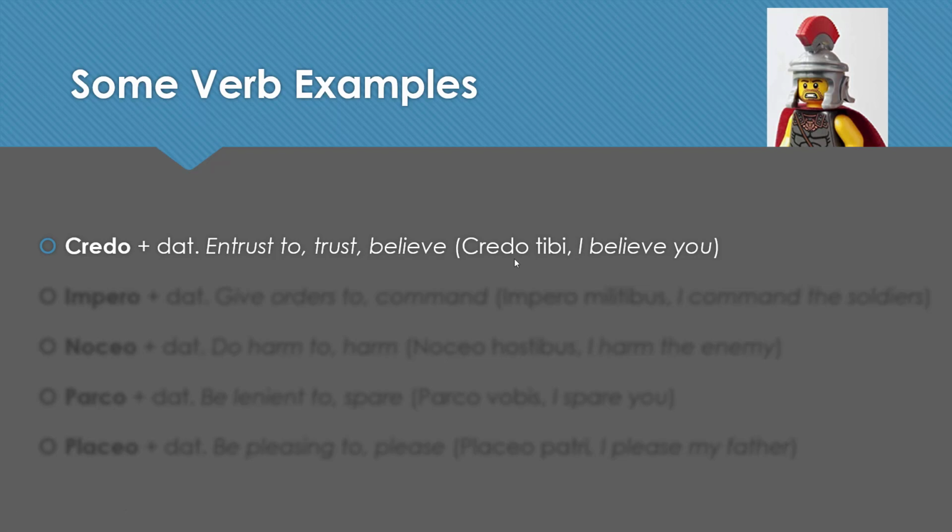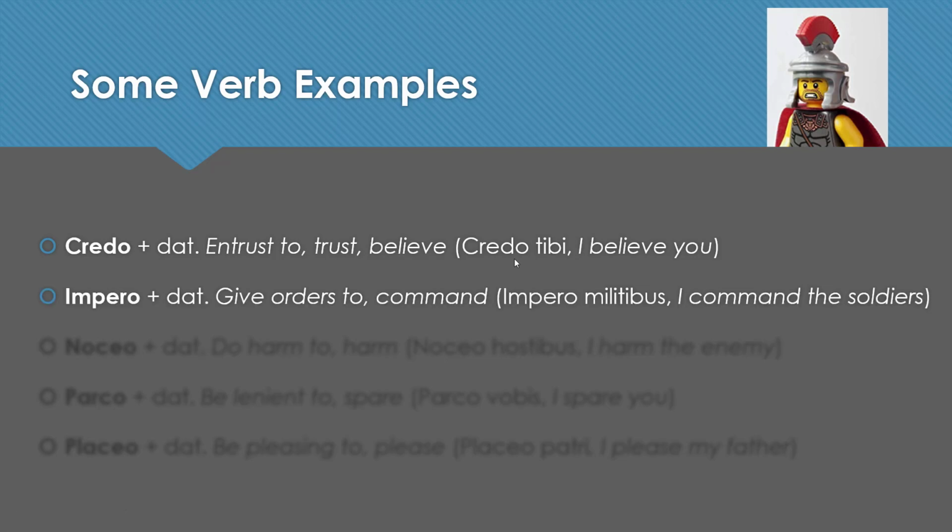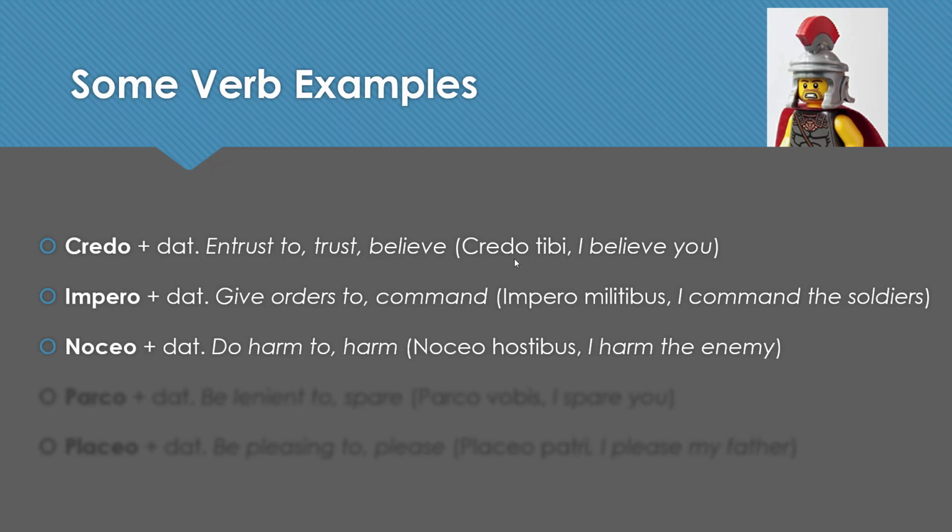It just takes the dative. Same thing, we have impero, which is to give orders to someone, or to command them. So impero militibus, in the dative there: I command the soldiers, or I give orders in the direction of, towards the soldiers. And then we have noceo, to harm, same thing. Noceo hostibus: I harm the enemies, or I do harm to or towards the enemy, right?